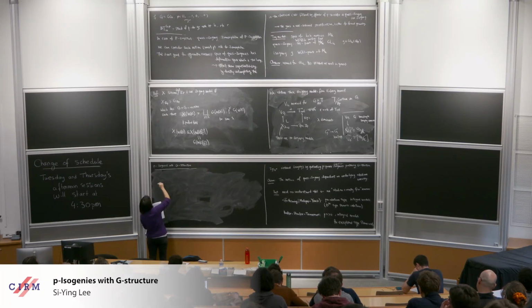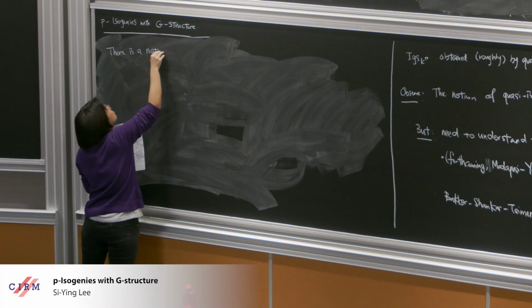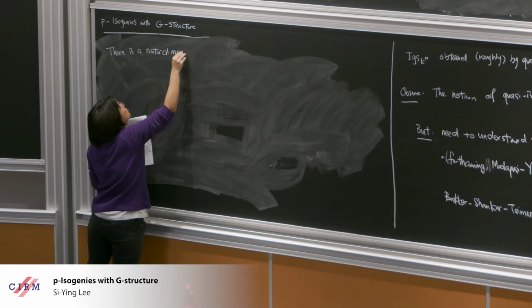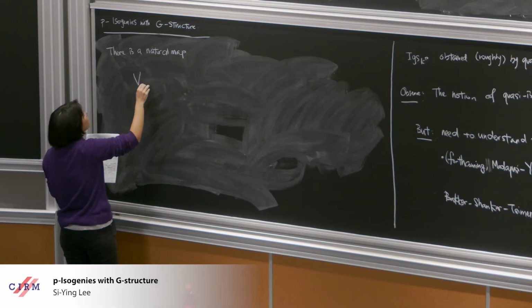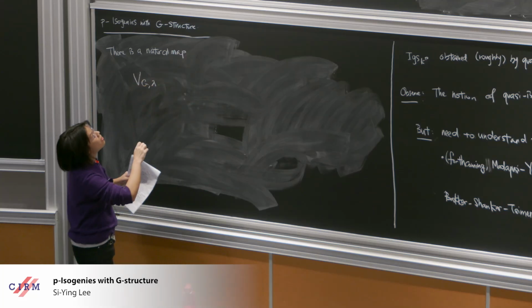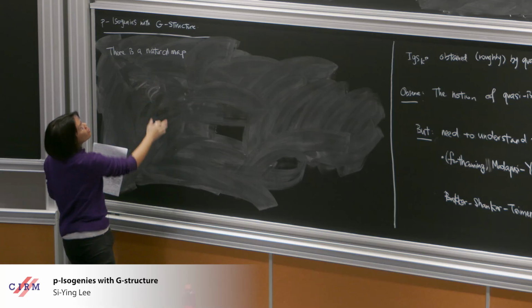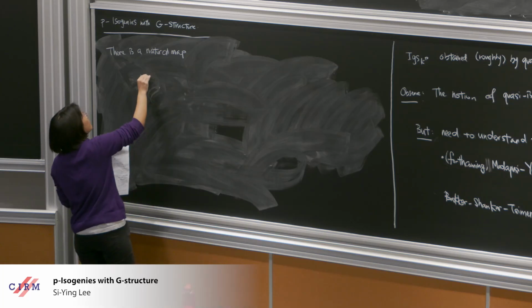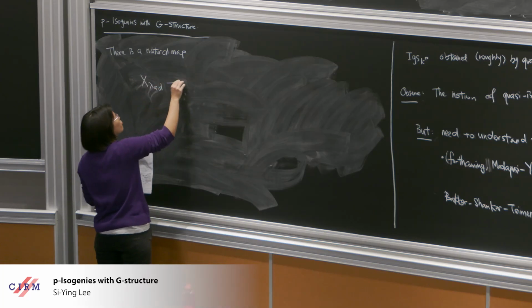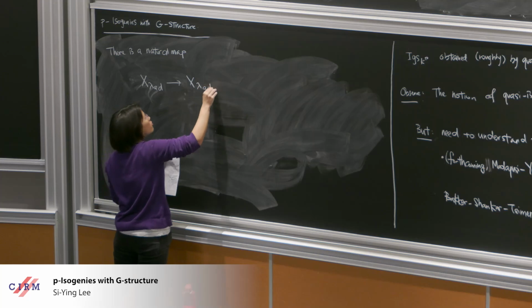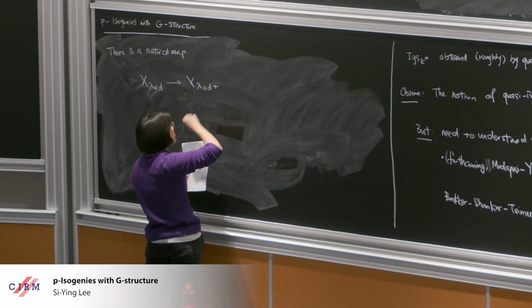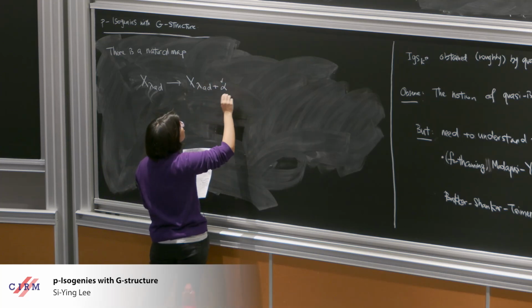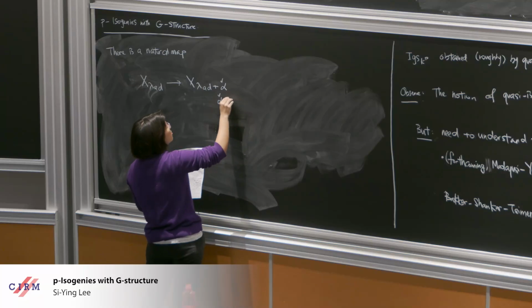So in general there is a map from this X_λ^ad to this X_λ^ad, where you add a coroot.